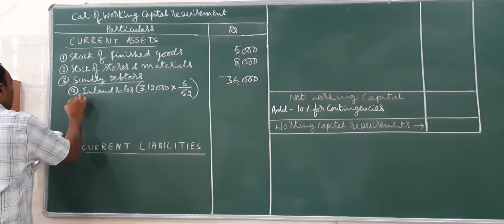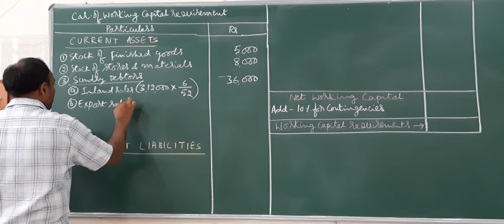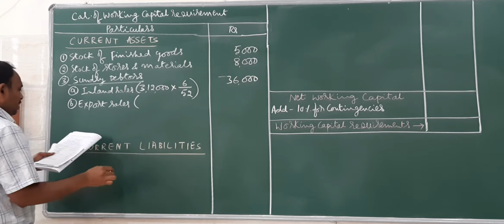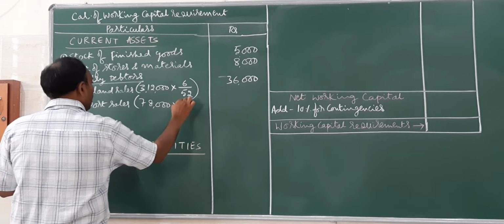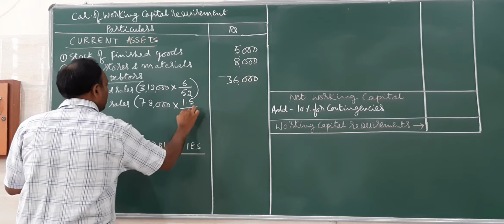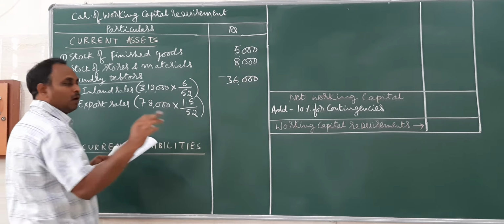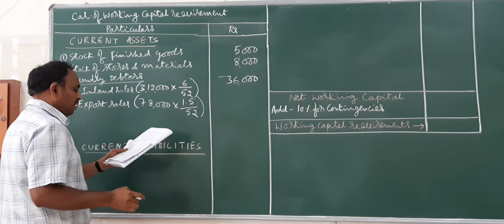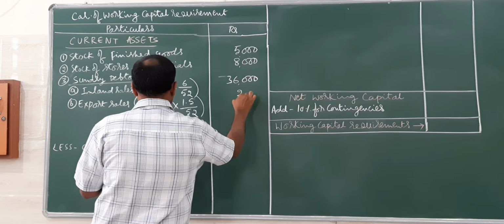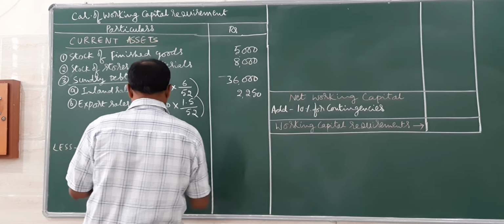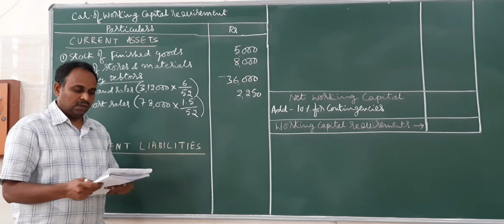The other one is export sales. That is also going to come under sundry debtors. It is there as 78,000, 1.5 week credit. So 1.5 divided by 52, you have it as 2,250.